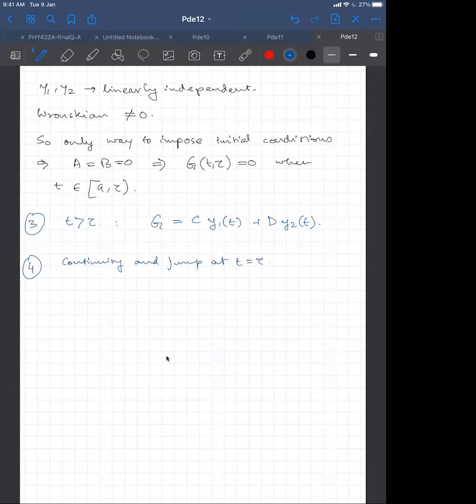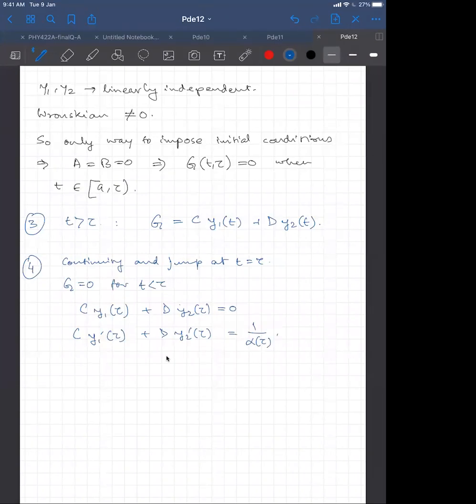Since G is equal to 0 for t less than tau, we get c y1 of tau plus d y2 of tau is equal to 0. And we get the jump, c y1 prime of tau plus d y2 prime of tau, equal to 1 over alpha of tau.